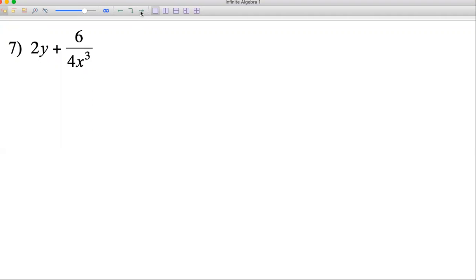This one will be able to cancel something. Hold on. Let's write an equal sign. 4x cubed. That's supposed to be cubed. y plus 6.